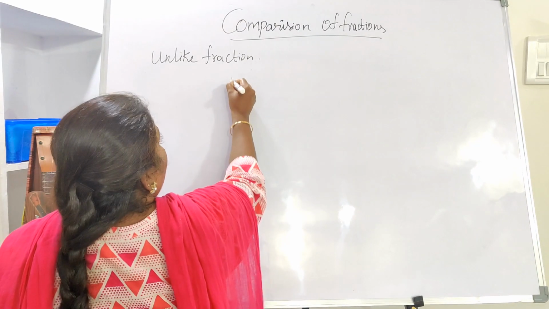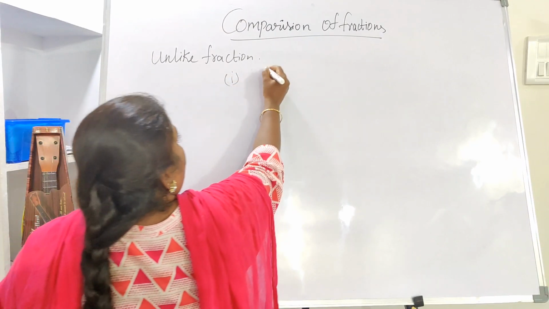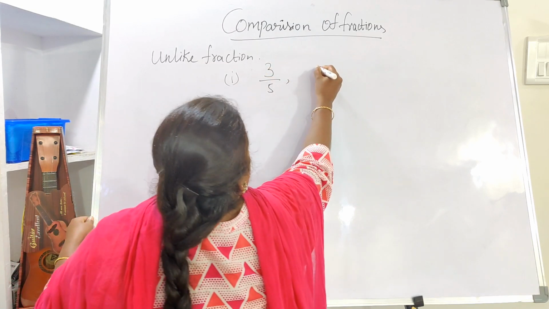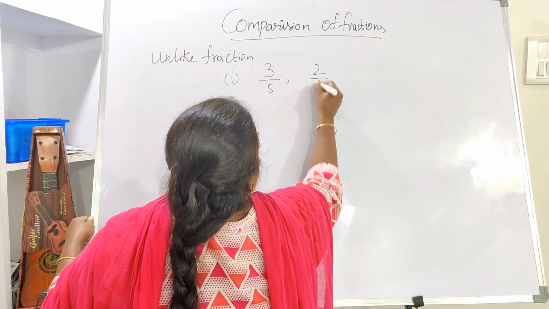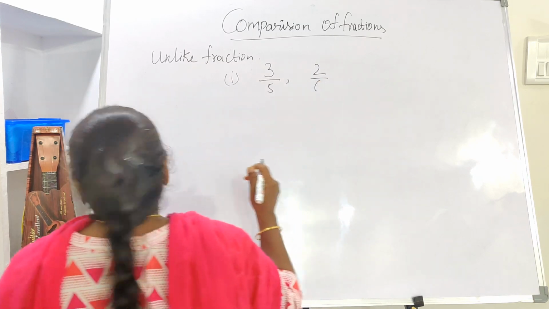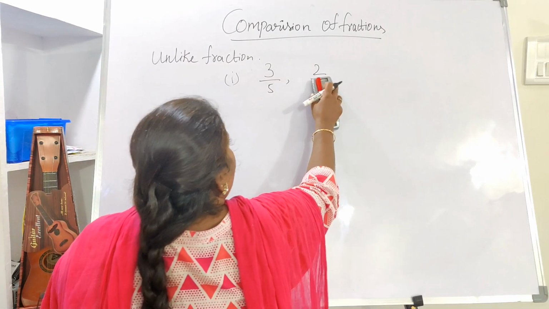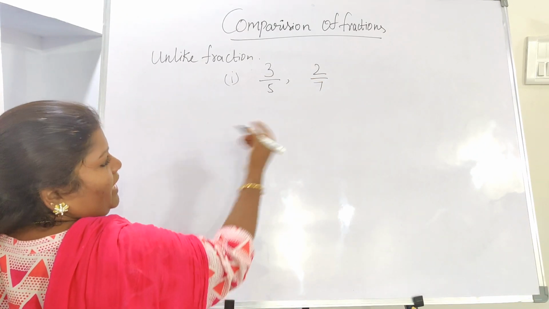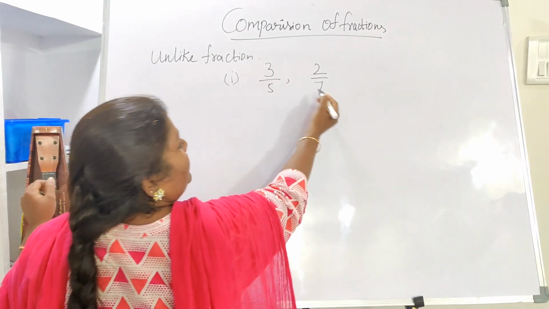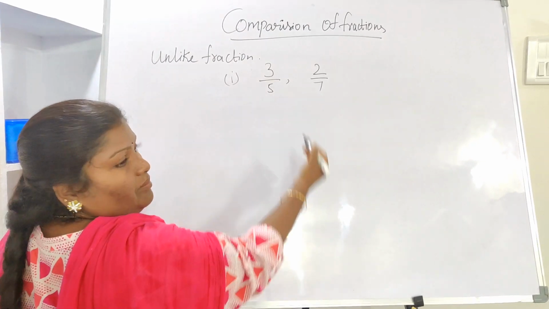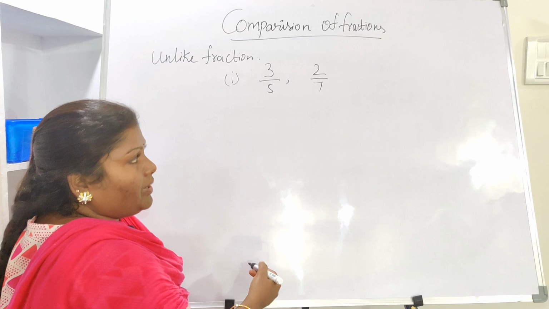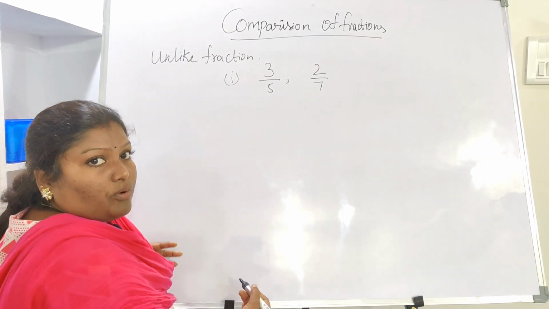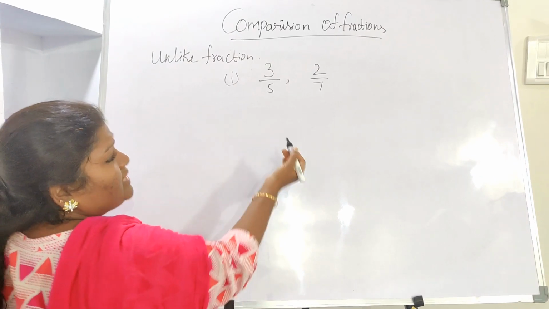In the case of unlike fractions, let me take 3 by 5, 2 by, let me take a co-prime number, it will be easy, so I am taking 7. Normally I showed you in the previous one that you have to take the LCM, then make the denominators same and then compare. Doing such a long process will be difficult for a competitive exam. So this is an easy way.